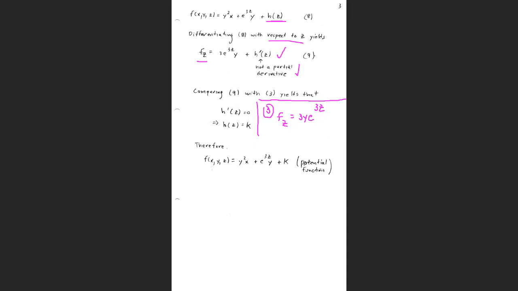So we compare equation 3 with what's above here. So we can learn that h prime of z would have to equal 0, and therefore h of z equals k. And now you've done the most you can do. Now you've determined your potential function.